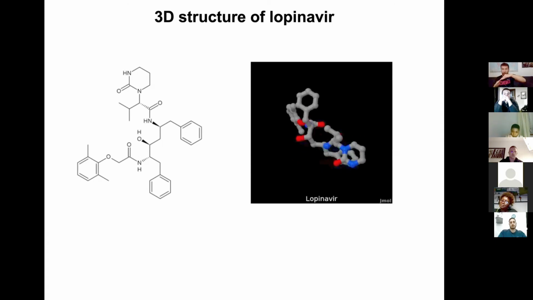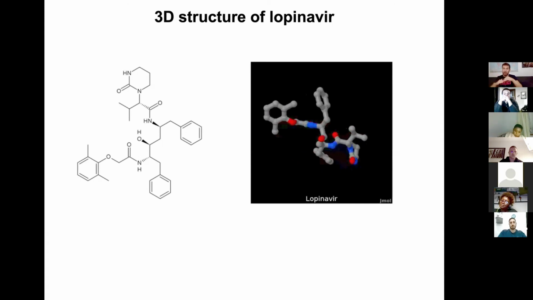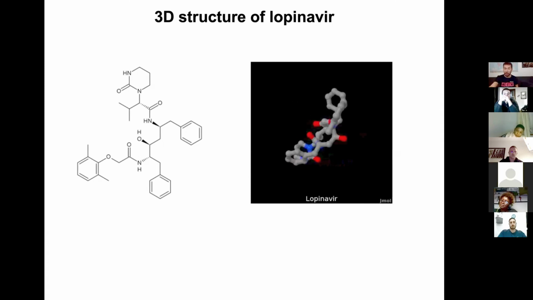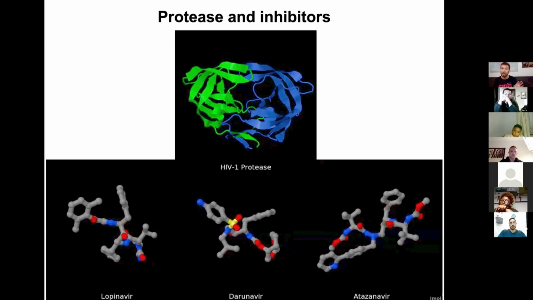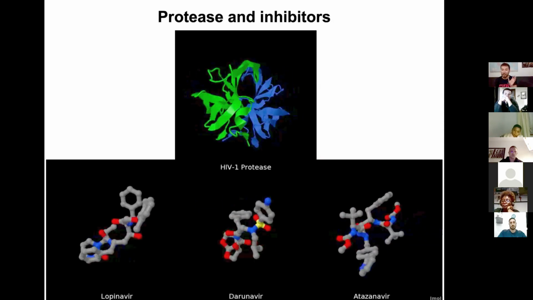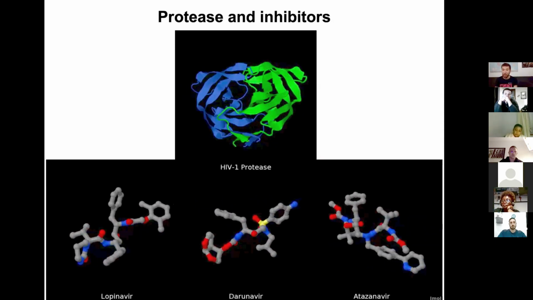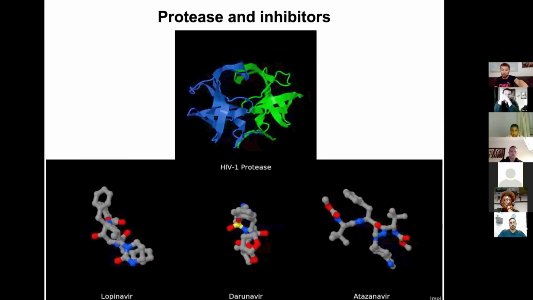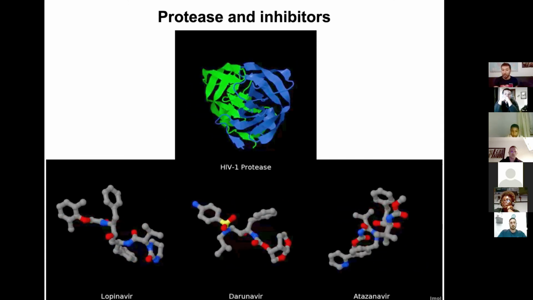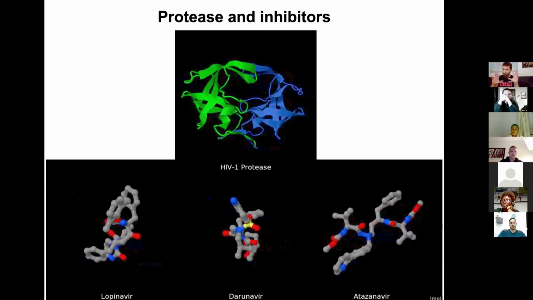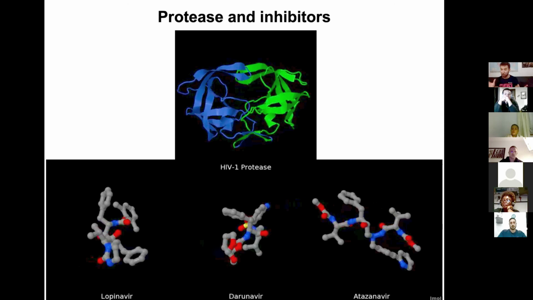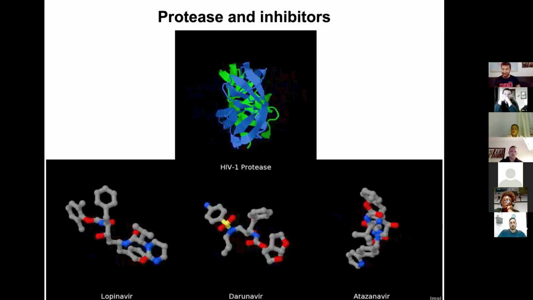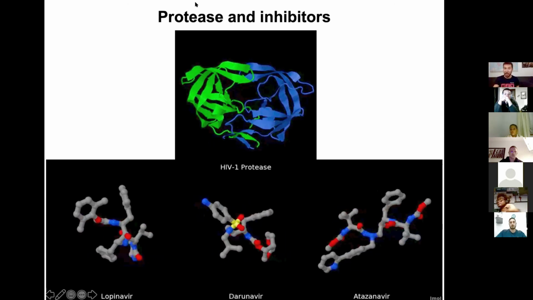It's not 2 degrees or 20 degrees less, it's exactly like this, look here, because lopinavir, what is it? It's an inhibitor of protease. I show you all of the protease inhibitors here: lopinavir, darunavir, and atazanavir. And all of them look like interesting art objects. It's because we have our protease.